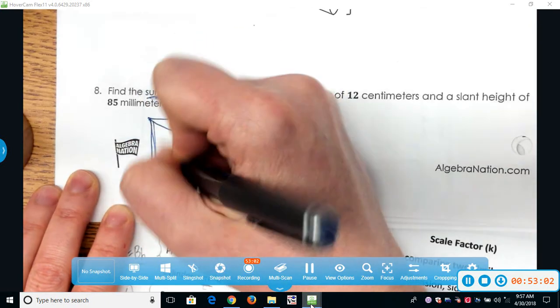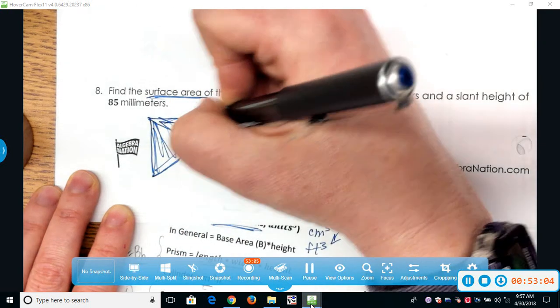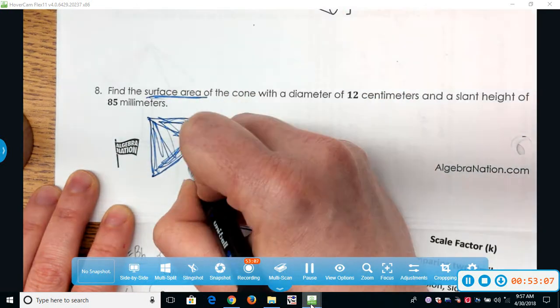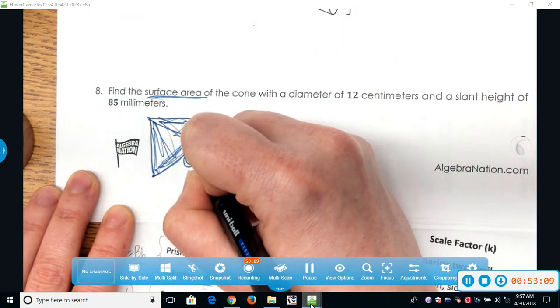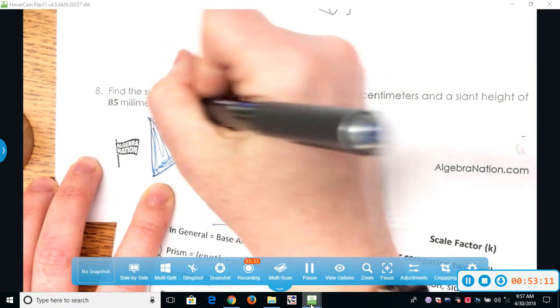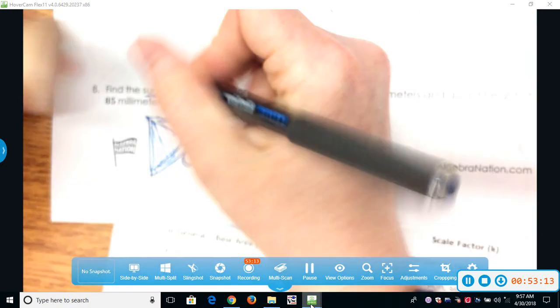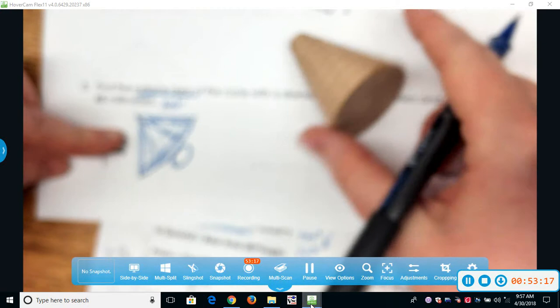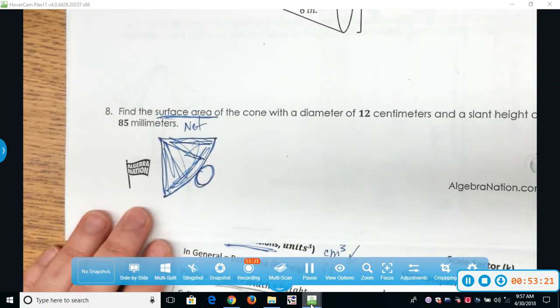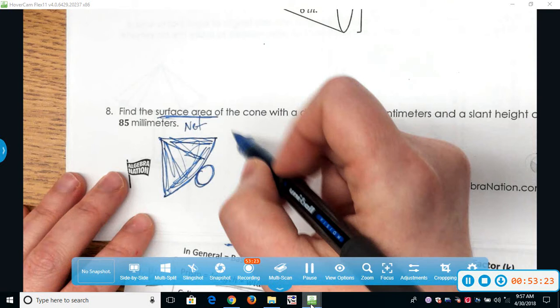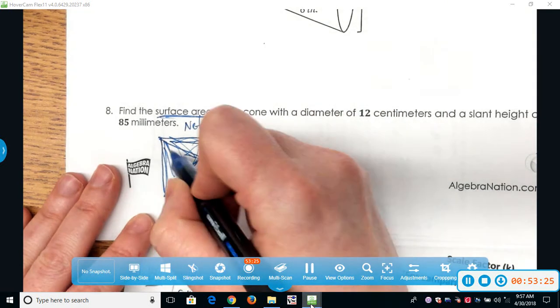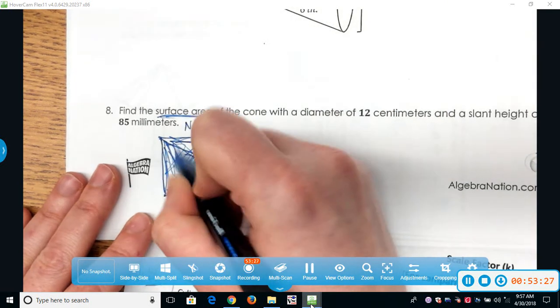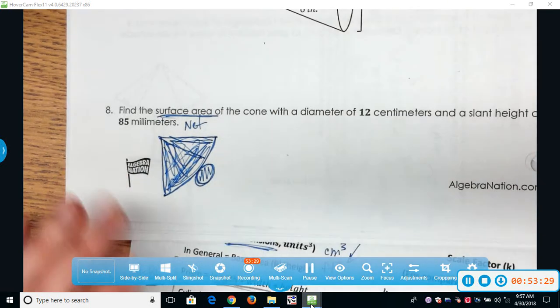Here, I'll shade it. This is me cutting the party hat, and then let's pretend it has a top. That's a net of a cone. Top, bottom, unrolled, 2 dimensions. In order to get the surface area, I need the area of this shape and the area of the circle. I need both parts.